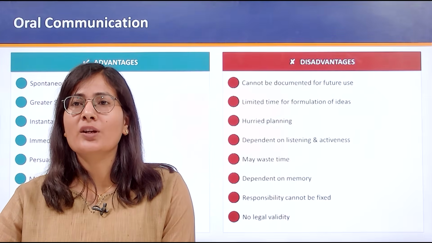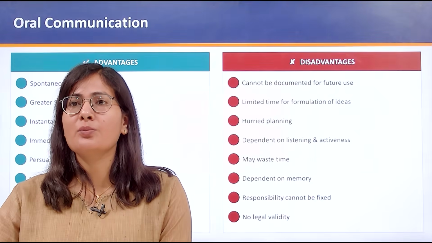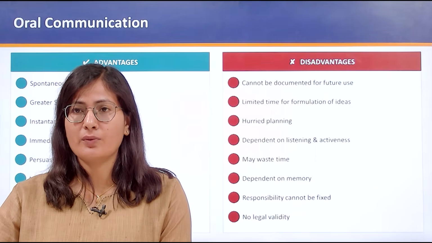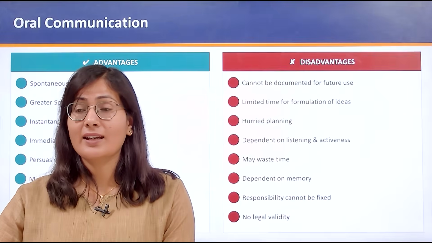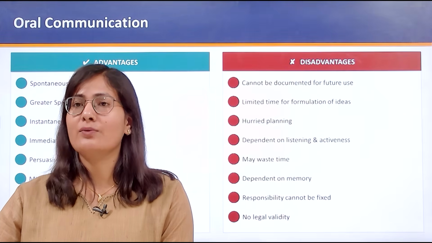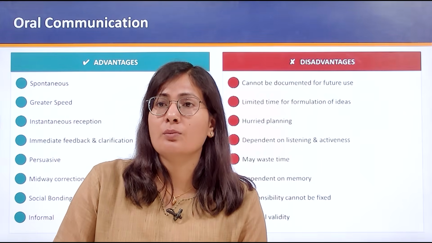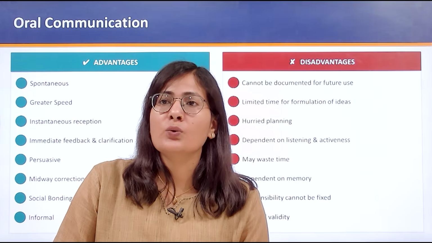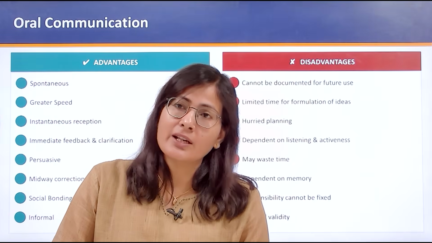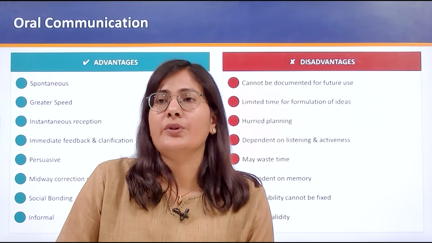Just using oral communication, you can't fix responsibility. Any person can't be accountable for anything, right? And of course there's no legal validity in oral communication. For any legal issue, any property ownership or something like that, you can't use oral communication. For that you'll have to depend on written communication only.